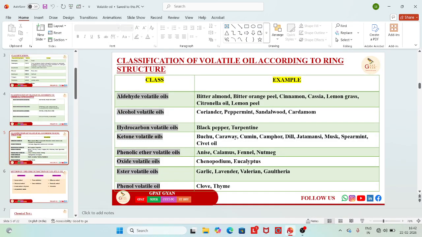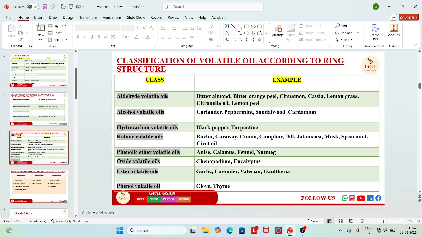The classification of volatile oil according to ring structure. In the regular classes I told you that ring structures are very important, and if you know the ring structure, you can remember the drugs well according to their classification. Aldehyde, alcohol, these are according to the functional groups actually, and ketone, phenolic ether, ester, phenol oxide, etc. This comprises the chemical structures.